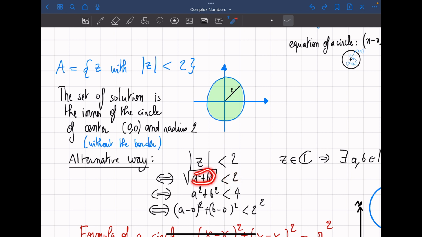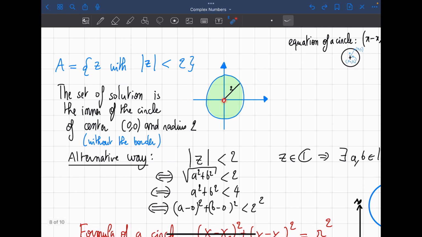Then, since this is positive and this is positive, it's equivalent when I square both sides. And then with a bit of work, I'm just saying that a is the same as a minus 0, squared, and b is the same as b minus 0, squared. Here I have 2 squared, which is 4. And then I have the equation of a circle with the center being 0, 0, and the radius being 2. So 2 ways of doing it.